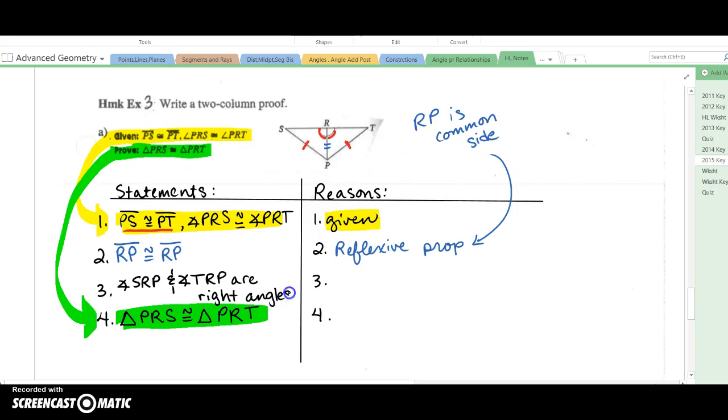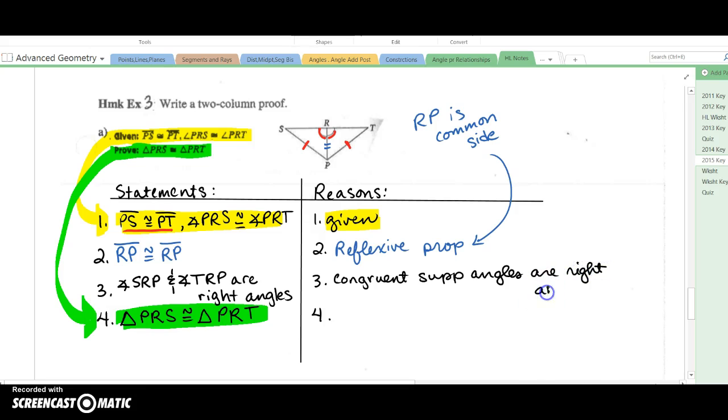How do we know that? Well, we know that these angles are congruent already, and we also know that these angles form a linear pair. They're back-to-back and form a line, and since all lines add up to 180, we can say congruent supplementary angles are right angles.